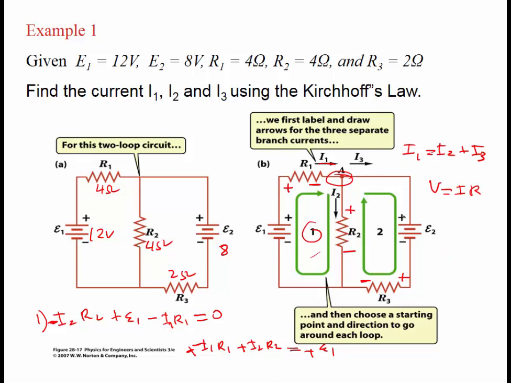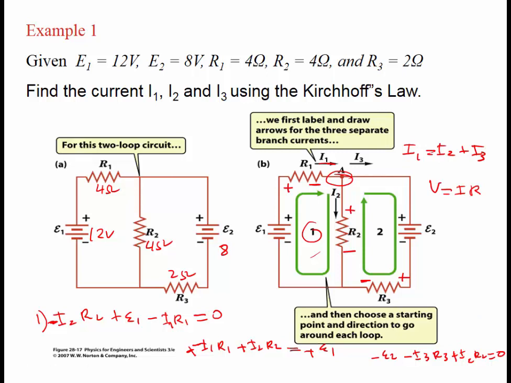And then we can do the same thing for loop number 2. If we're starting on E2, for example, we're going from plus to minus. So this will be minus E2, right? And then minus I3 times R3, and plus I2 times R2 equals 0, right?